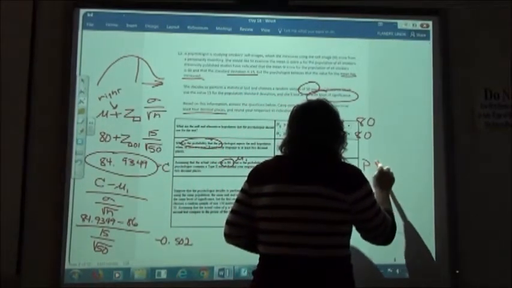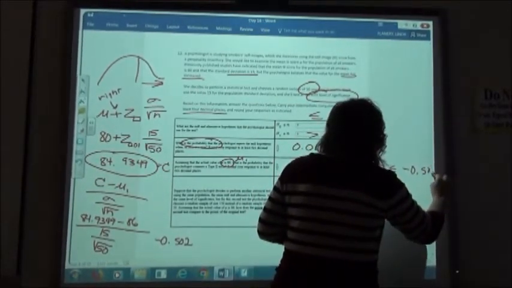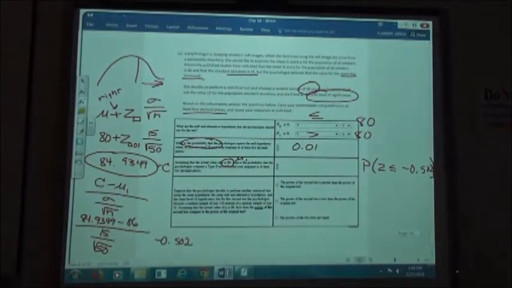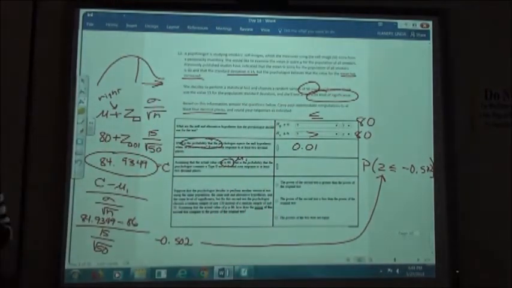So we are going to do P of Z is less than or equal to negative 0.502. Draw my arrow. I'm gonna do that too. Okay, so clear that out. Do P of Z is less than or equal to negative 0.502.